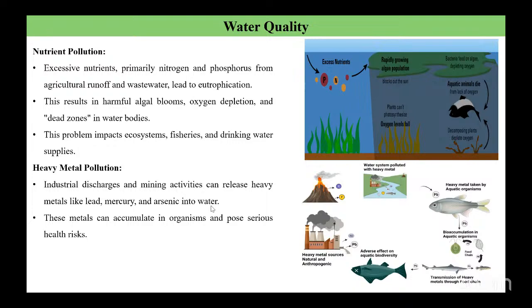Dead zones are where there is a dense algae growth on top of the surface water, due to which sunlight cannot reach into the water body, through which aquatic life can survive, and ultimately the oxygen is depleted, forming the dead zone.